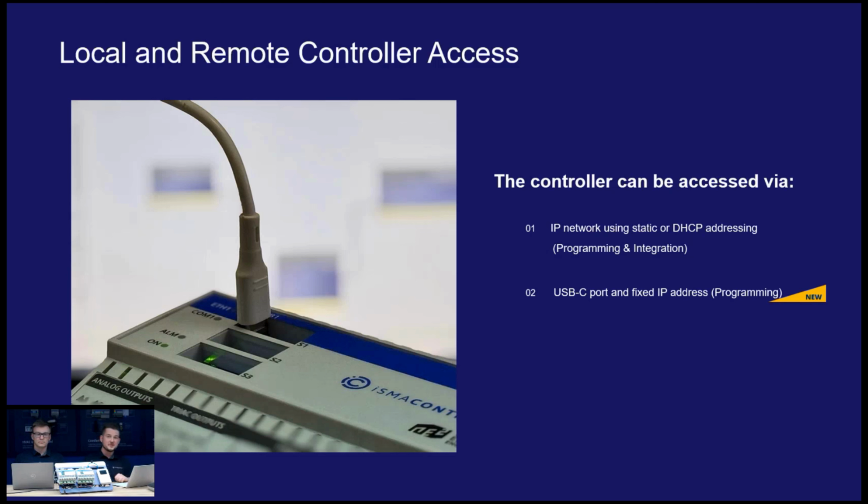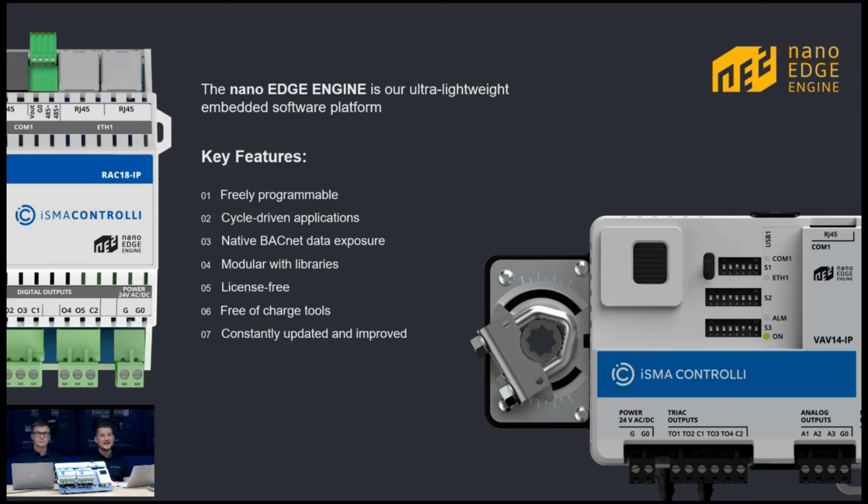This new feature comes from the Nano Edge engine, which is a part of our software technology in the RAC18-IP and not only, also in our VAV14-IP, which also shares the USB-C in its hardware, which means you'll be able to program it over IP or the USB-C as well.